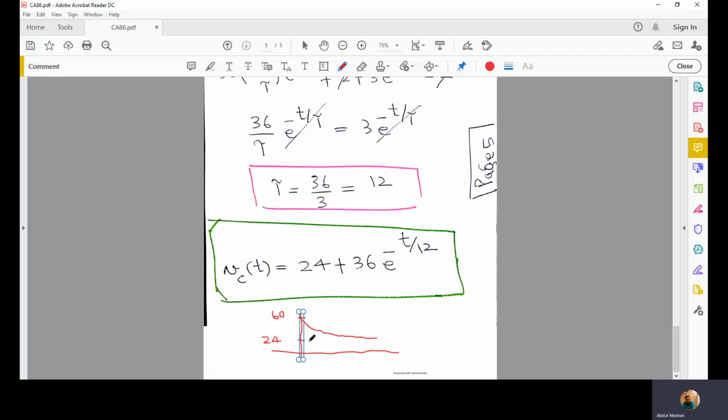At time t equal to 0 it is 60, but at time t equal to infinity it becomes 24, because the second term becomes 0. So this is t, and this is VC of t plotted versus t. That's all for this lecture. Thank you very much.